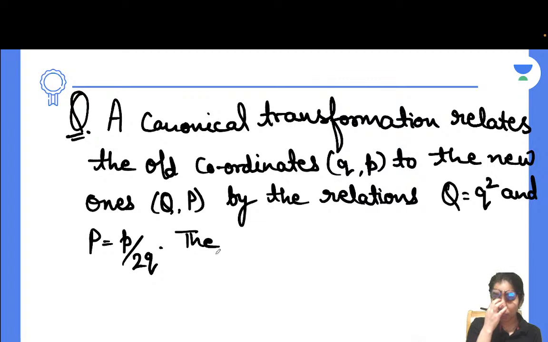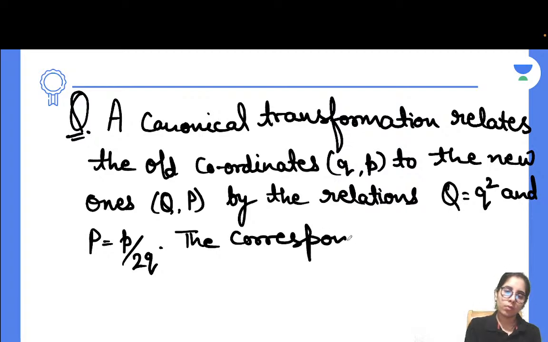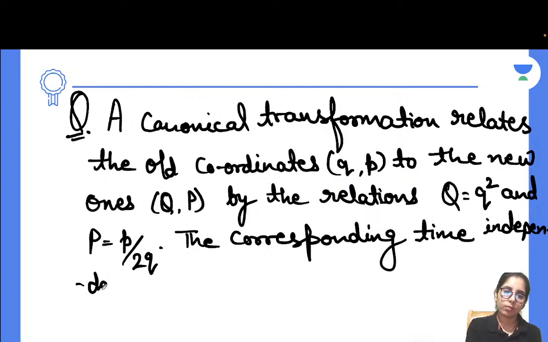The corresponding time independent generating function is?